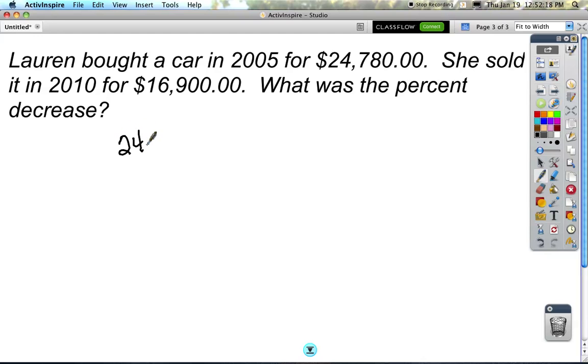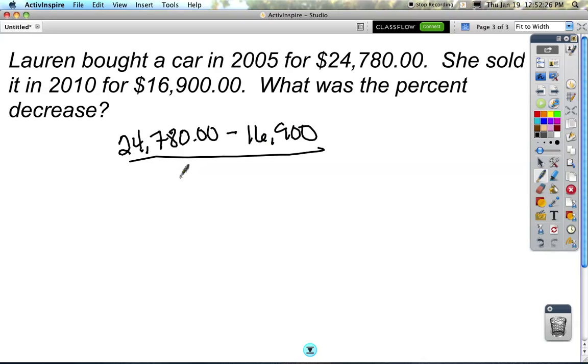So we're going to say $24,780 minus $16,900 over, what was the original? Times 100, and give it to me in 3 significant figures, please.